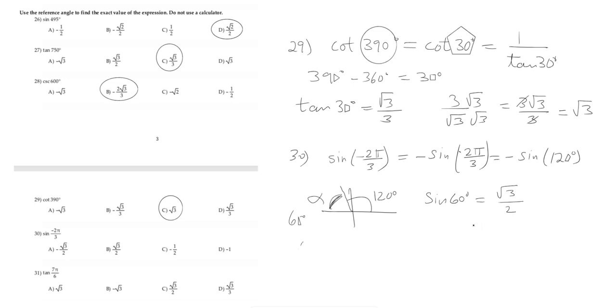It's the same value as this. But remember the mnemonic, all students take calculus: in the second quadrant the sign is positive. But don't forget the original negative is put outside. Therefore, the final answer in this example is minus root 3 over 2, exactly option A. Beautiful.